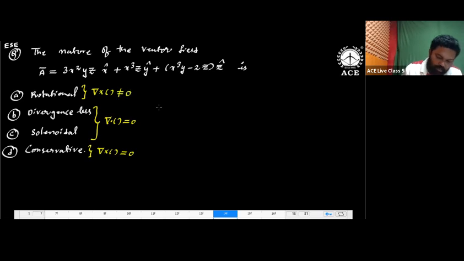Curl is not equal to 0. Yes or not? So the answer cannot be B and C. Check only for its curl. If the curl is 0, option D is the answer. If curl is not equal to 0, option A is the answer. Clear?